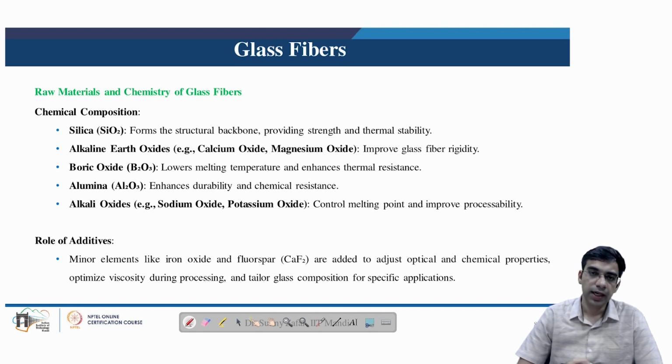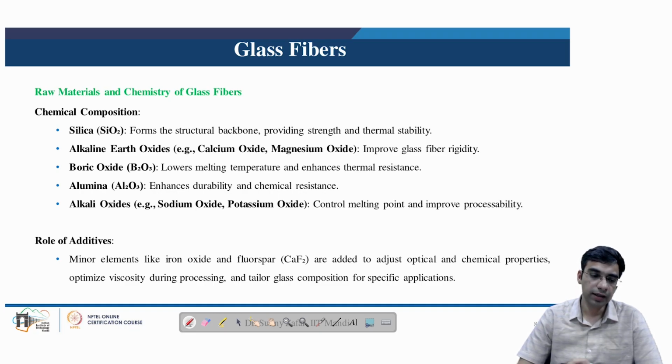The name glass fiber is derived from the same components used to make the glass used in various applications. The chemical composition of glass fibers includes silica, which is basically the structural backbone of the glass fibers, providing strength and thermal stability.